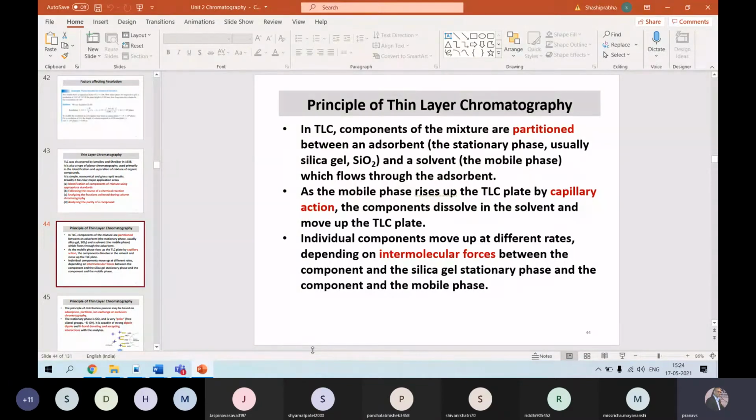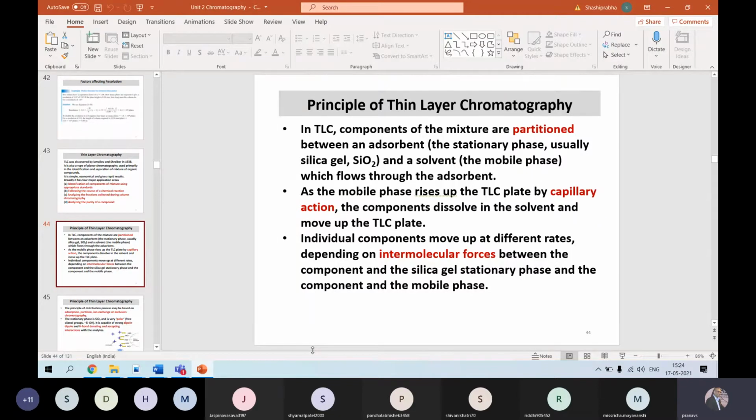Now you find different materials, but all silica based, basically modified silica. The main contention is, since we know that silica is highly polar, all modifications which have been done on silica have been done with a view to decrease the polarity of silica.